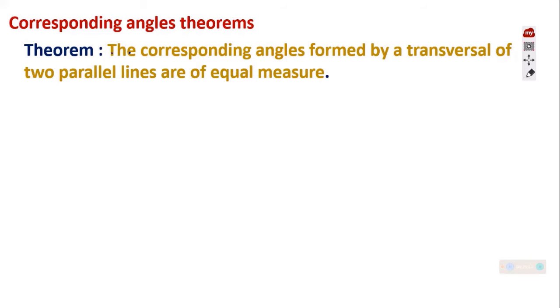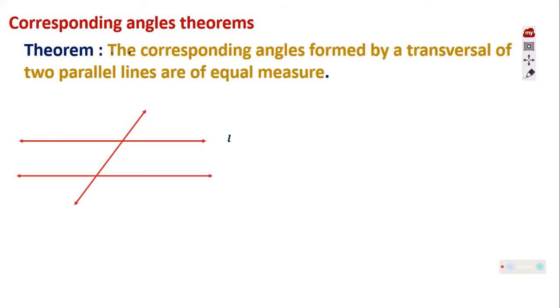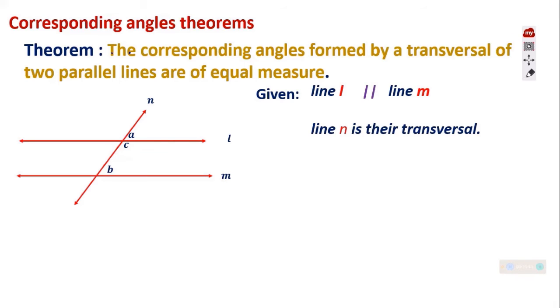The theorem says that corresponding angles formed by a transversal of two parallel lines are of equal measures. Corresponding angles are formed on the same side of the transversal, the same set of lines, the same transversal. Here in this case A and B are the corresponding angles, same side. We are asked to prove this theorem.